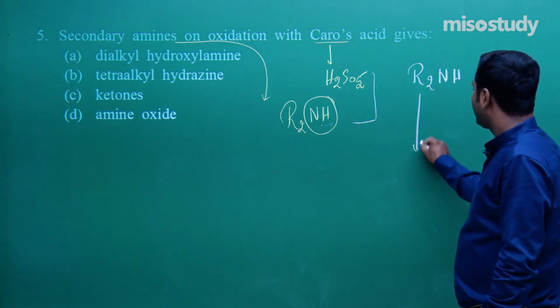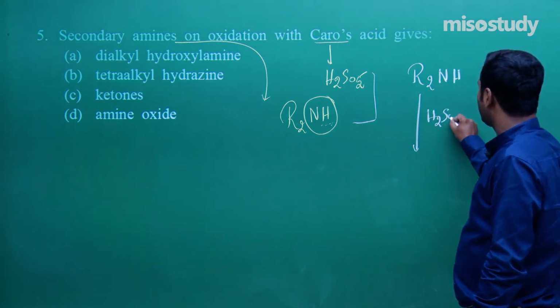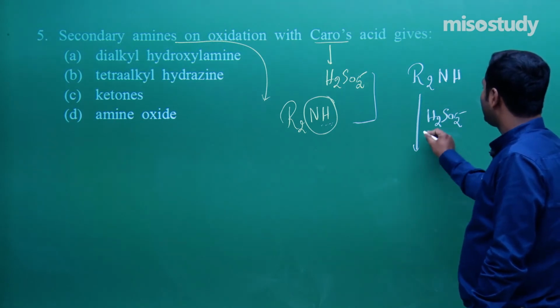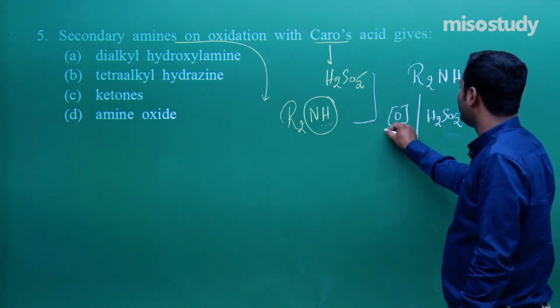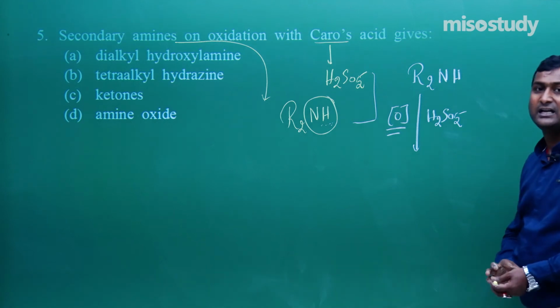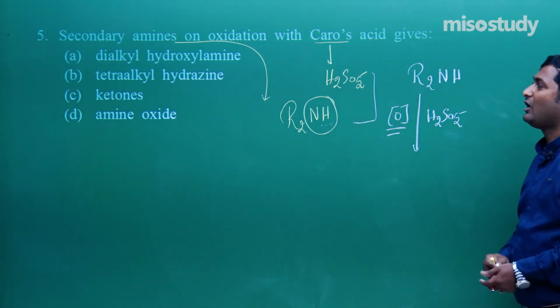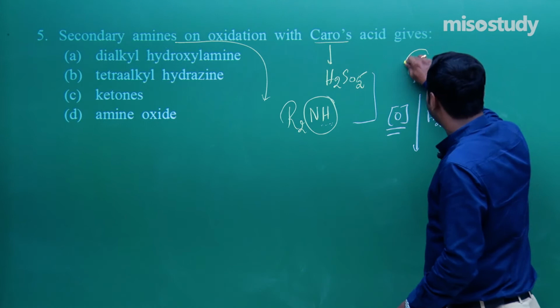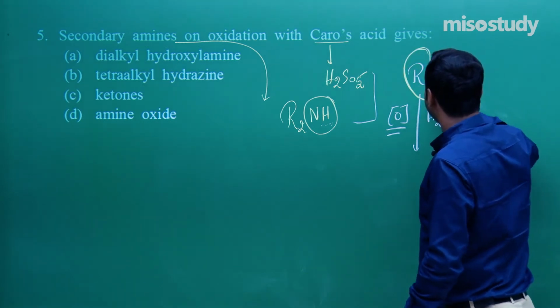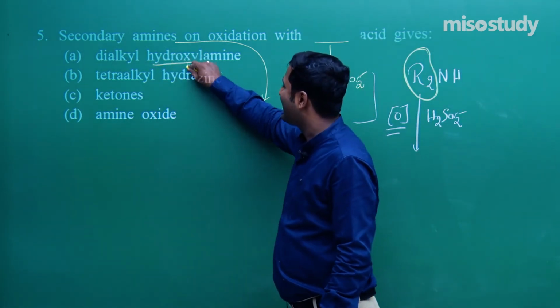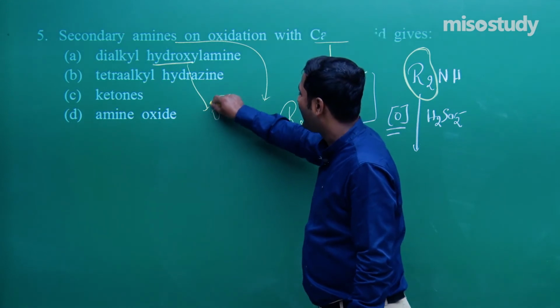R2NH on treatment with H2SO5, the oxidation takes place, and the oxidation gives you dialkyl hydroxylamine, that is with OH.